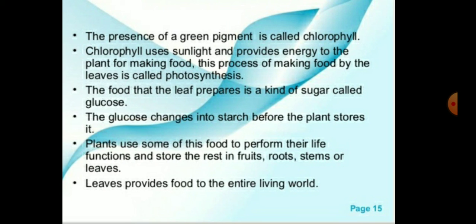The glucose changes into starch before the plant stores it, and the plants use some of this food to perform their life functions and store the rest in fruits, roots, stem or leaves. The leaves provide the food to the entire living world.